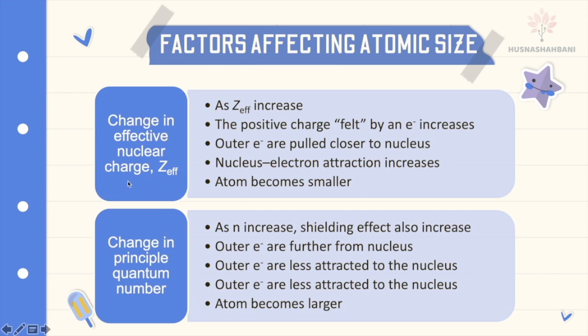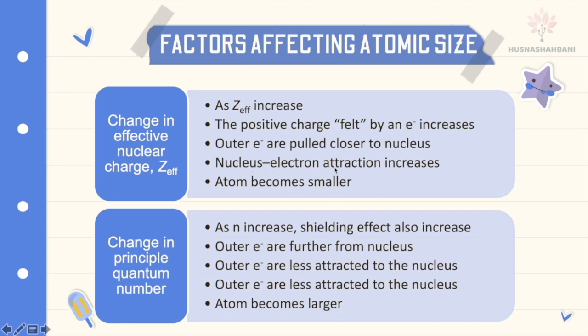For effective nuclear charge, as Z effective increases, meaning the charge felt by the valence electron increases, the positive charge felt by the electron increases. Outer electrons are pulled closer to the nucleus.